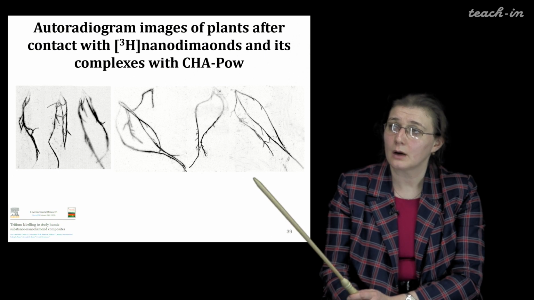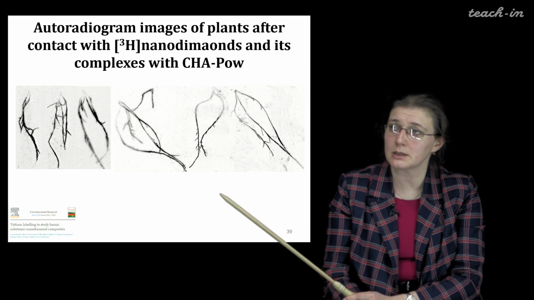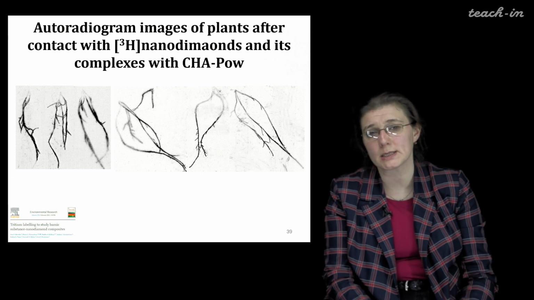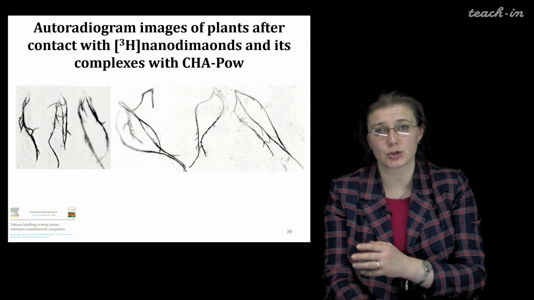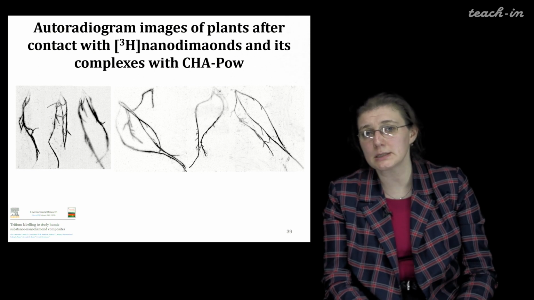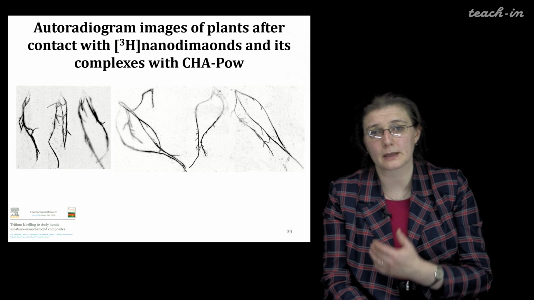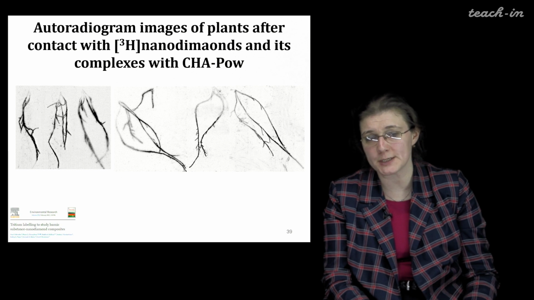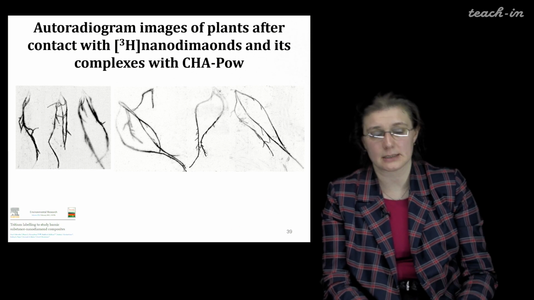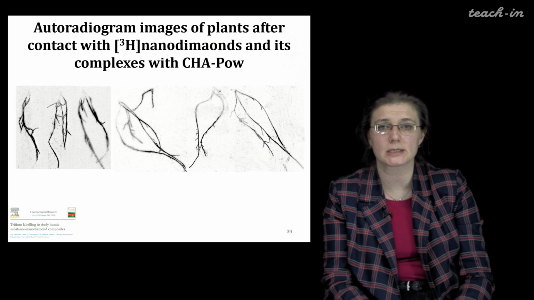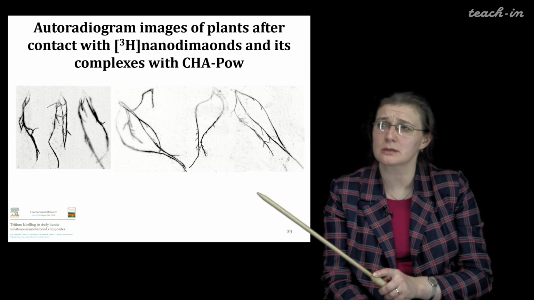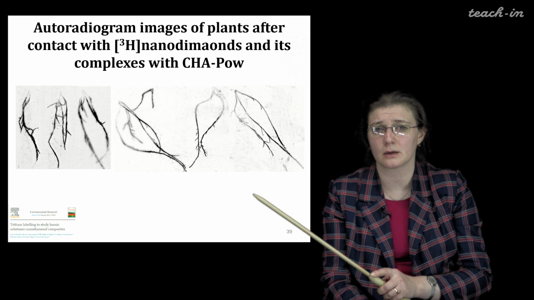with plants. In these experiments we used initial nanodiamonds which have a positively charged surface, and the other sample was subjected to oxidation, and it has a negatively charged surface, and then both of these were labeled with tritium, and then put again into the experiment with plants.